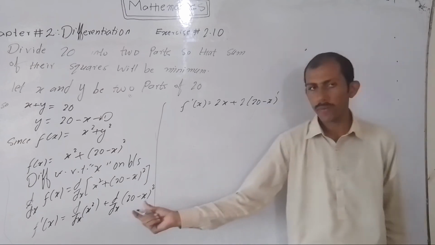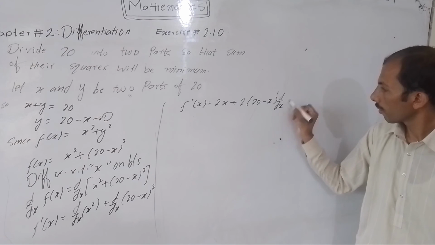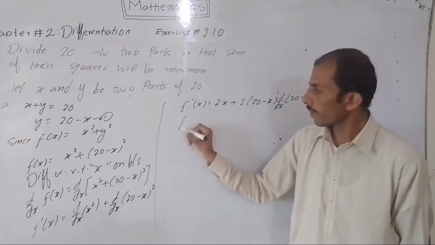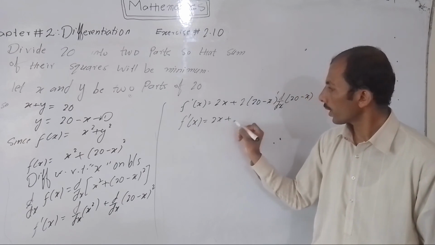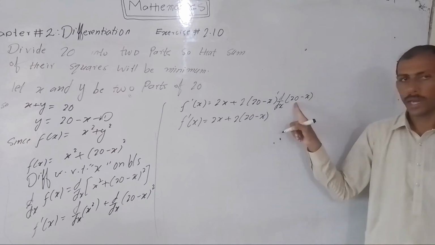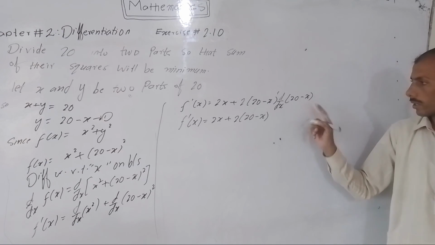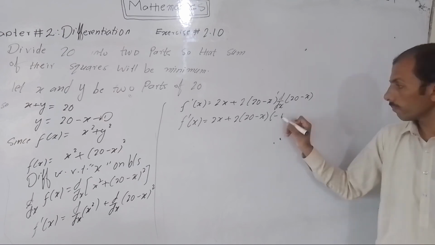Again derivative of 20 minus x. f prime of x is equal to 2x plus 2 times (20 minus x). Derivative of 20 with respect to x is 0, minus derivative of x with respect to x, which is 1.